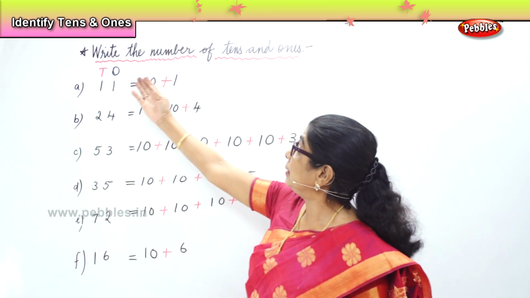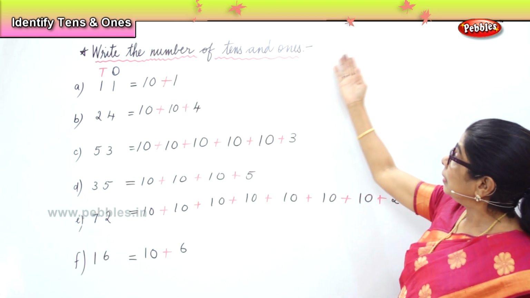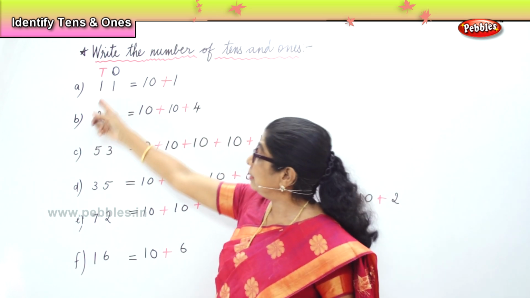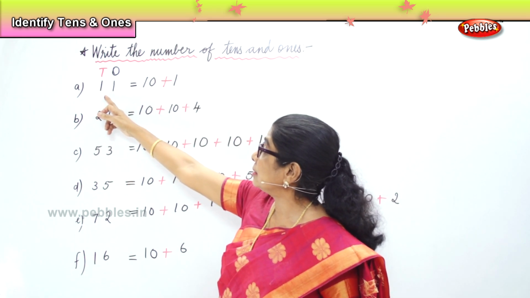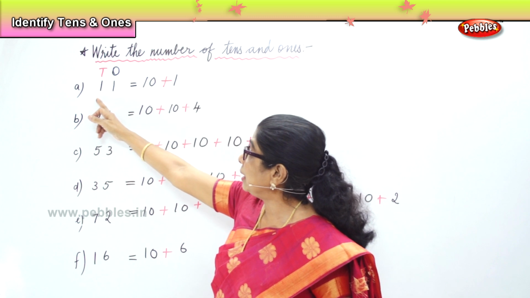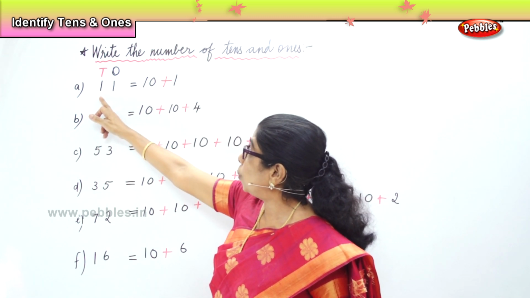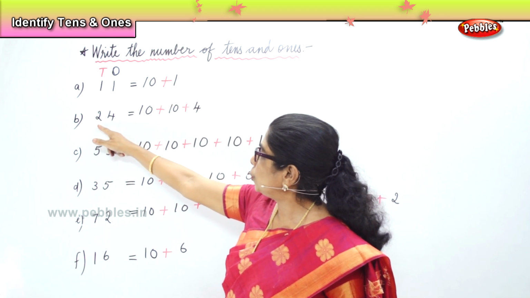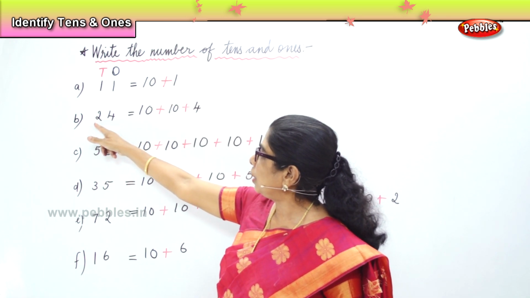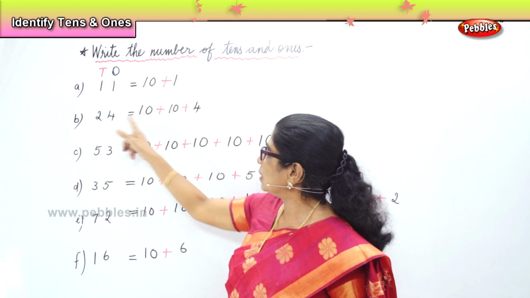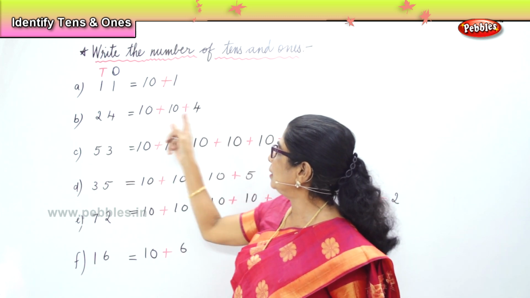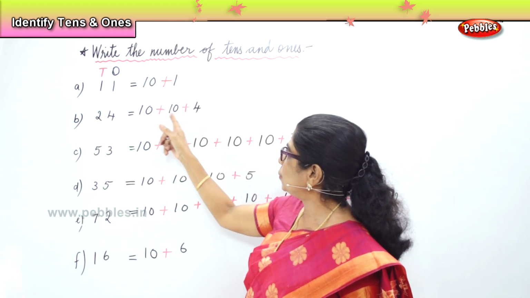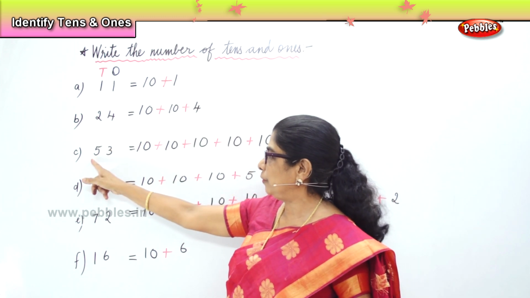Now let's look at all the numbers we have done. What we are learning is to write the number of tens and ones in these numbers. Tens, ones. How many tens? How many ones? Now, 1 ten, 1 one. 24: how many tens? 2 tens. How many ones? 4 ones. 10, 20, and 4, 24.